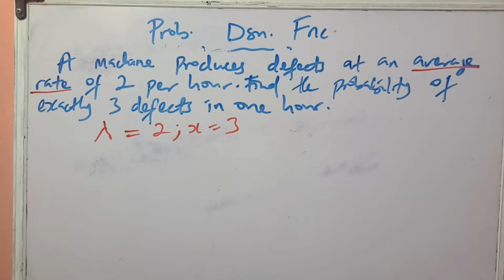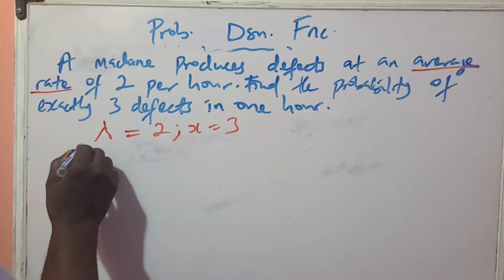All right. Good. So now, let's try and solve this. When you look at this question, you know exactly that this is obviously a Poisson distribution. So you can easily produce the PMF.